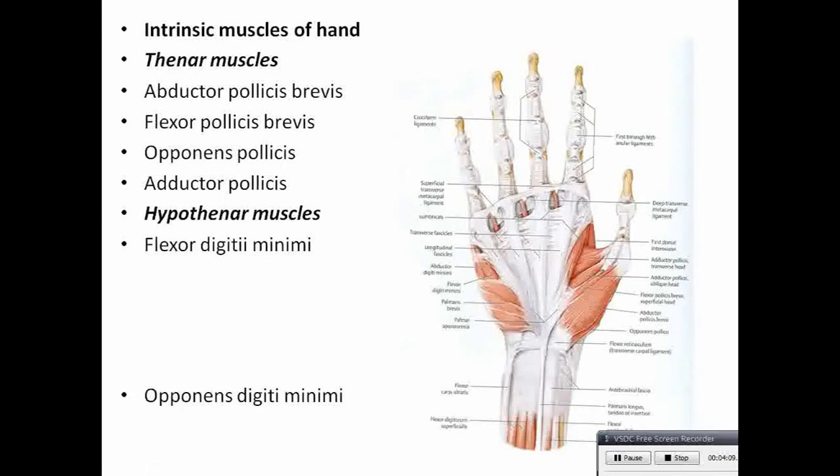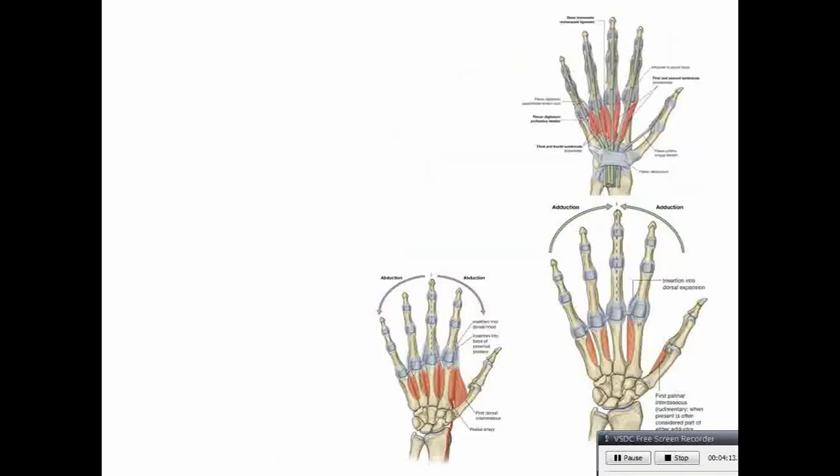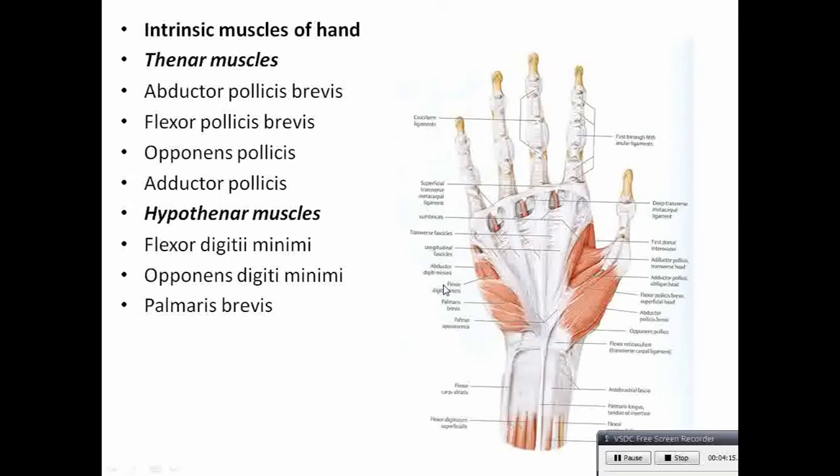Flexor digiti minimi, opponens digiti minimi, palmaris brevis. Before that there's a muscle which is missing here, that is abductor digiti minimi.